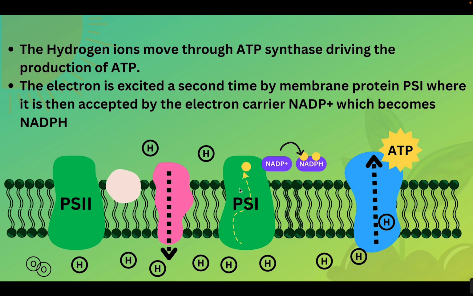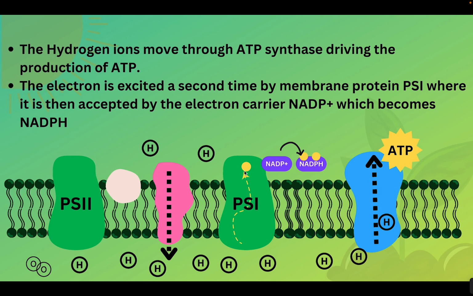So once this electron that has used its energy to move hydrogen ions across gets to photosystem 1, there's pigment in photosystem 1 that is also absorbing other wavelengths of sunlight, and it's going to re-excite this electron and energize it.